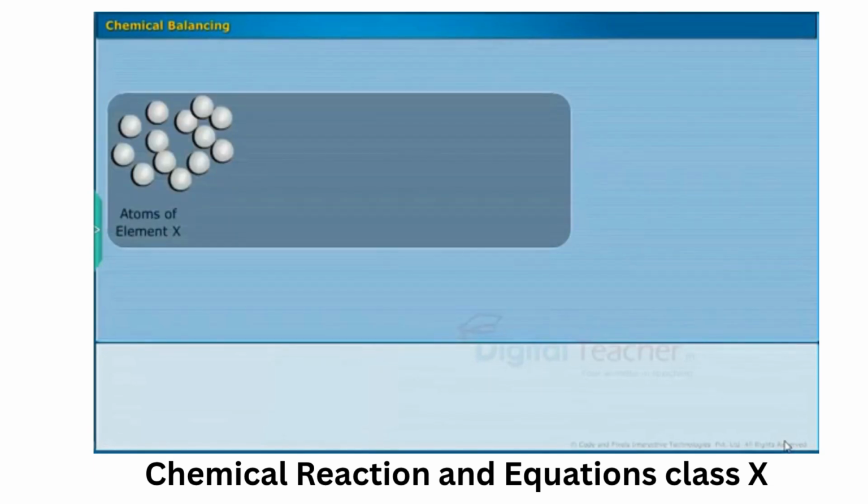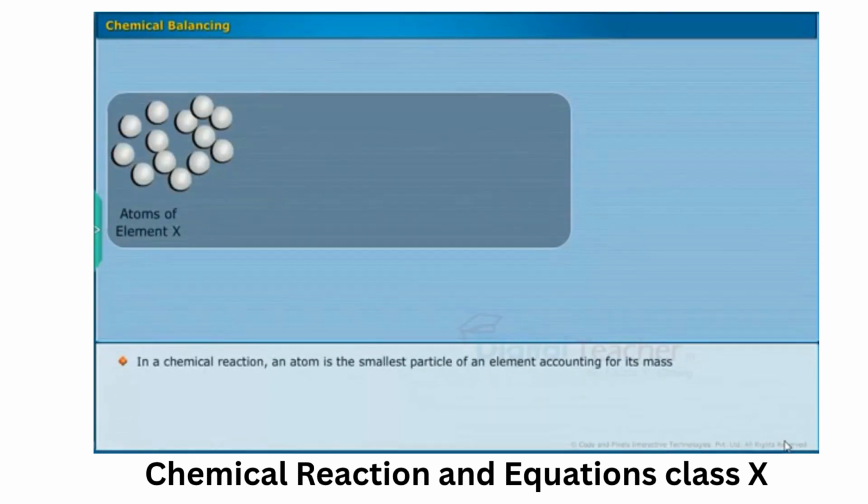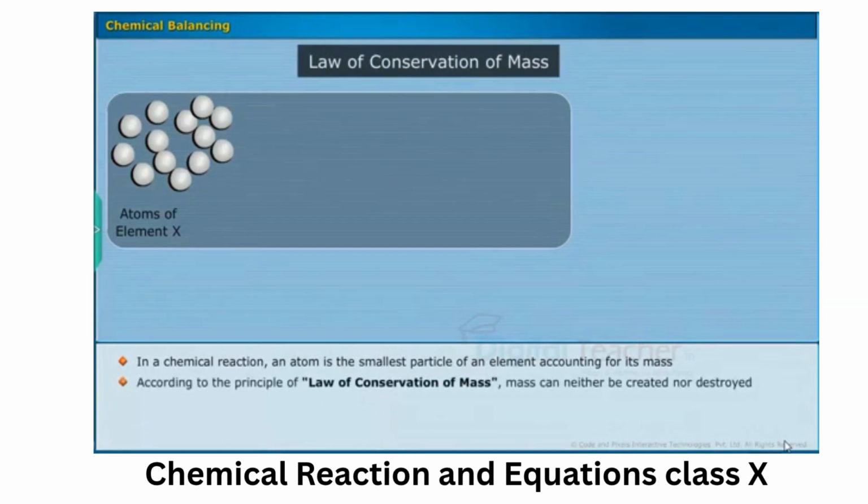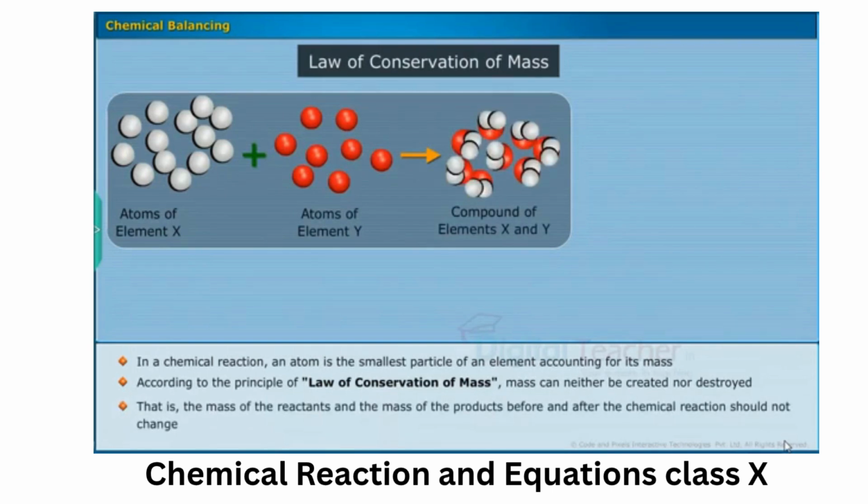Chemical balancing. In a chemical reaction, an atom is the smallest particle of an element accounting for its mass. According to the law of conservation of mass, mass can neither be created nor destroyed. That is, the mass of the reactants and the mass of the products before and after the chemical reaction should not change.